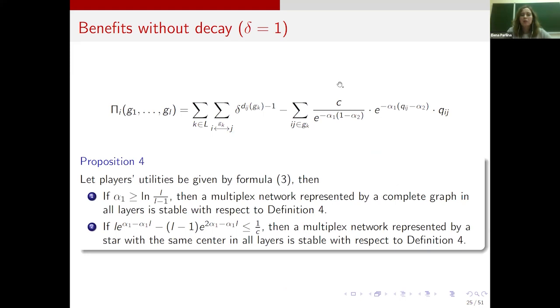Now I will represent results with the exponentially decreasing function. It is utility function 3. And we again get results for the all-layer complete network. And now it can be stable in comparison with the previous proposition.